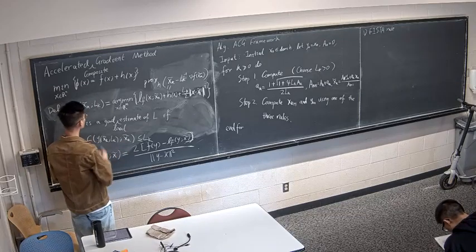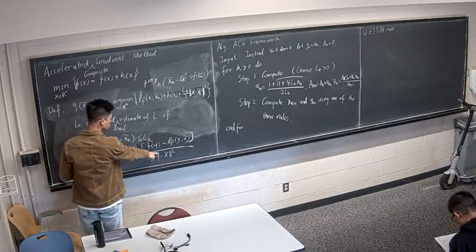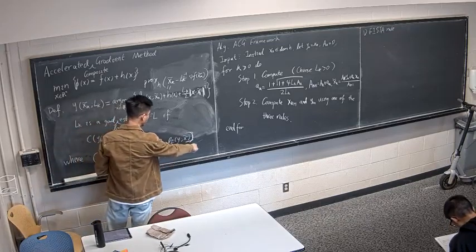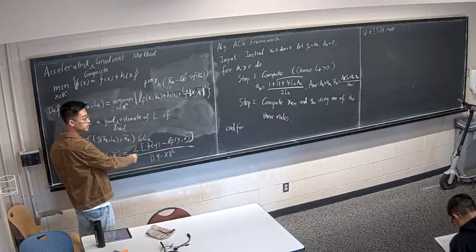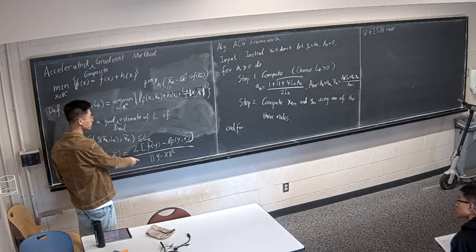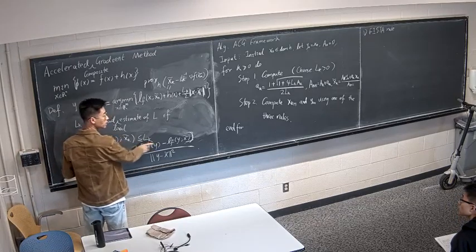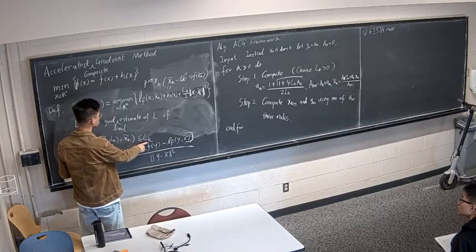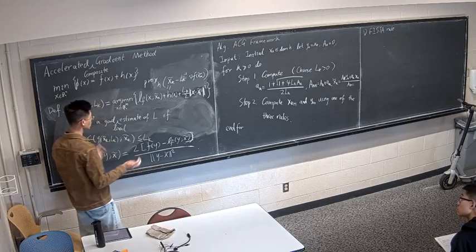And we know the global curvature for f should be L. The global estimate for this one should be L. Because you can show this is upper bounded by L for any pair y and x tilde due to the smoothness. There is a smoothness inequality we had mentioned before. So this inequality should hold for any L_k greater than or equal to L. But if you use a large L, that will slow down the convergence rate.